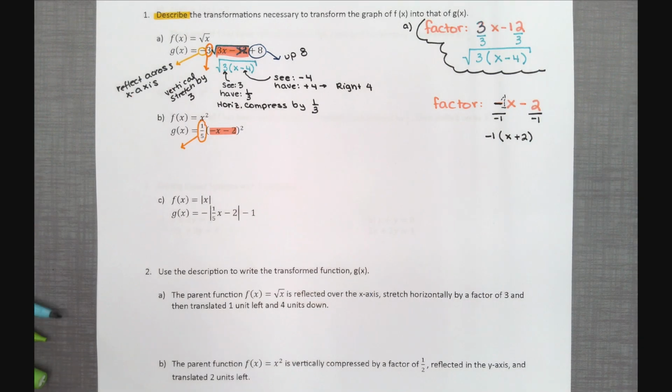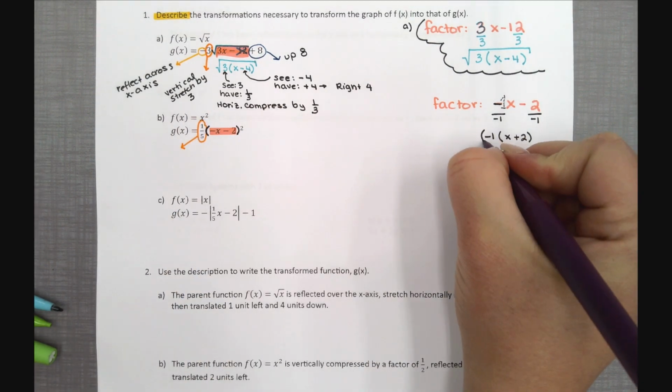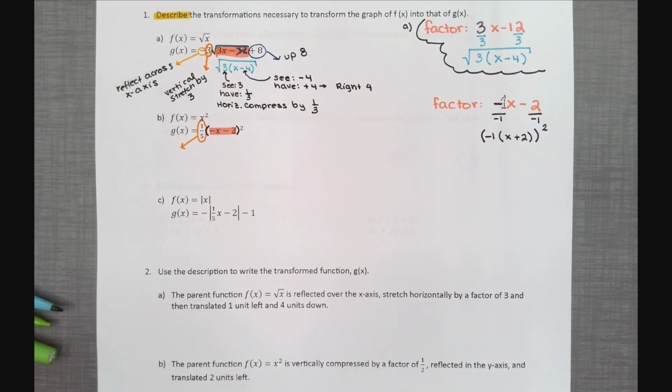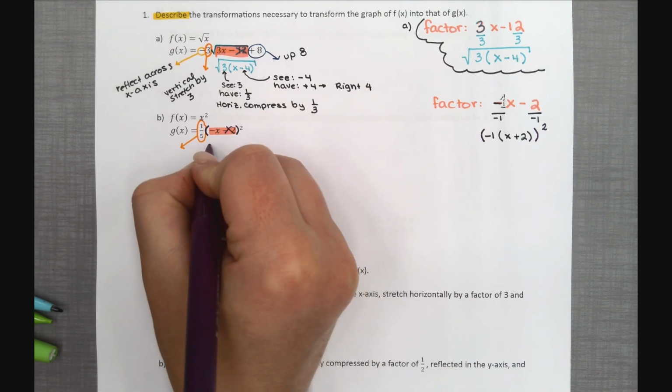So if I have my parentheses here, here's my parentheses and here's my parentheses. Here are still my parentheses, and here's my squared on the outside. So although I am creating new parentheses, new bubbles, it's still inside of my function. So I don't have this negative 2.